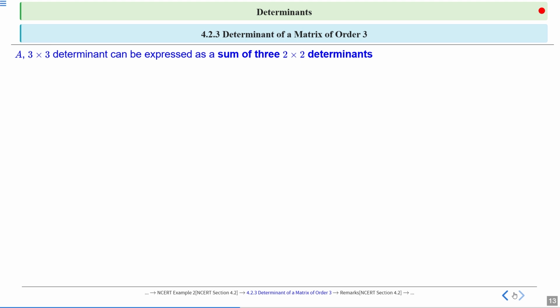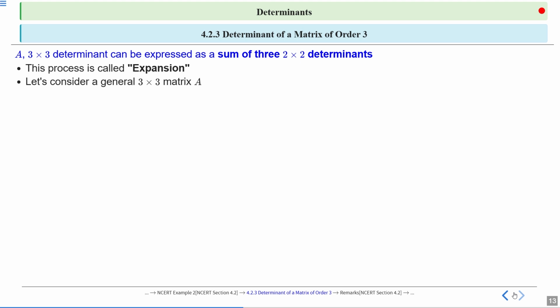To calculate the determinant of order 3, we calculate three 2 cross 2 determinants and then sum them. This process is called expansion.